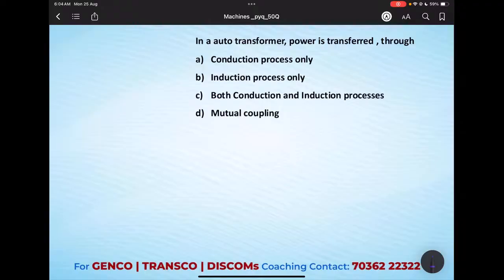Out of near about 40 questions, mostly 3-4 topics are repeated. So my sincere suggestion is, if you focus on these 4 basic concepts, you can solve at least 60 to 70% of the questions. Hope this session will be helpful to understand the basics of how to solve the different questions.